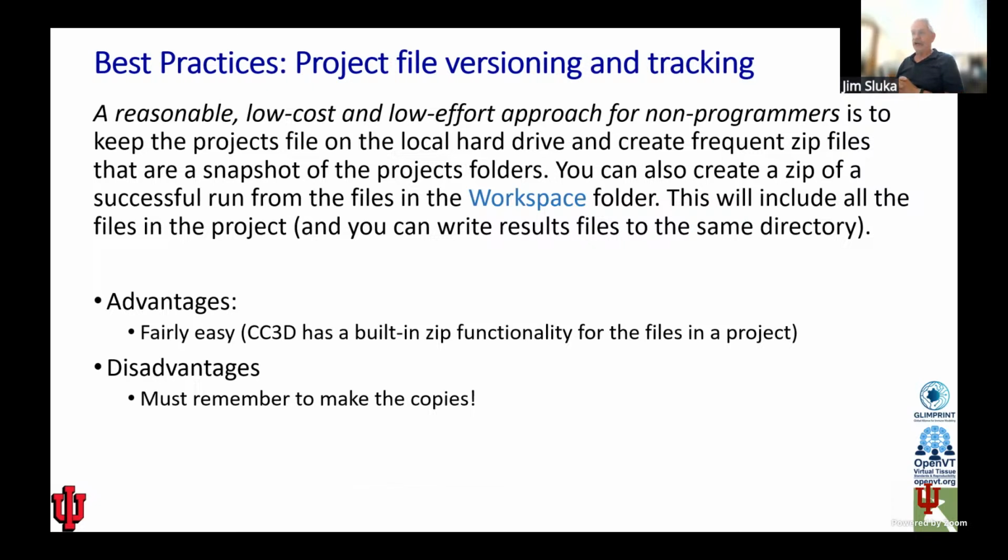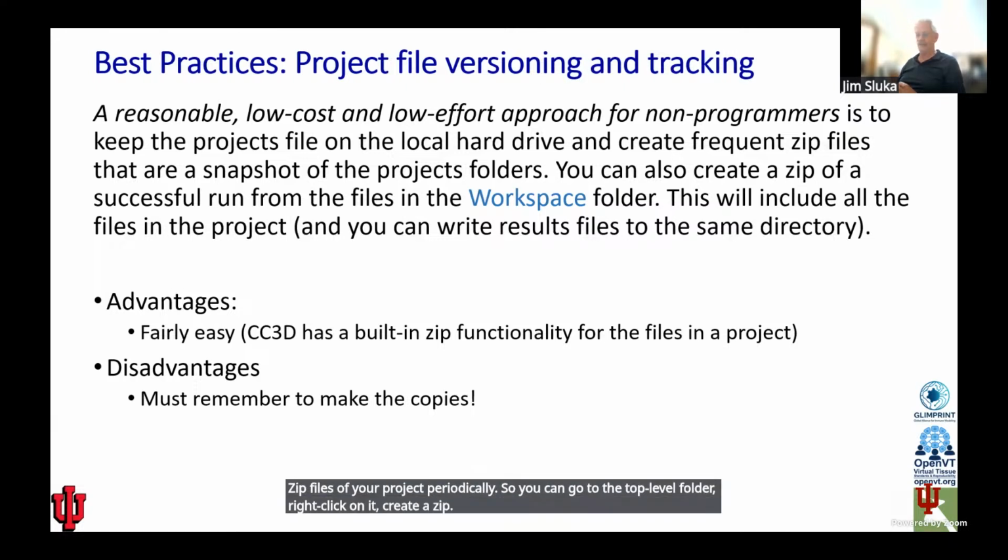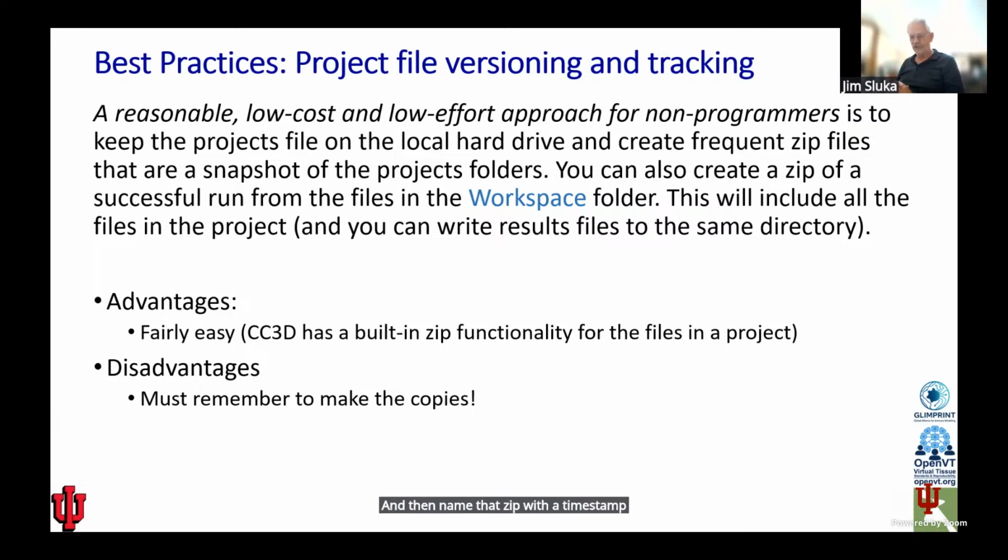A reasonable, low-cost, simple thing to do is just simply keep zip files of your project periodically. So you can go to the top level folder, right-click on it, create a zip, and then name that zip with a timestamp. 2025-08-06 is today. And just keep those zip files around.